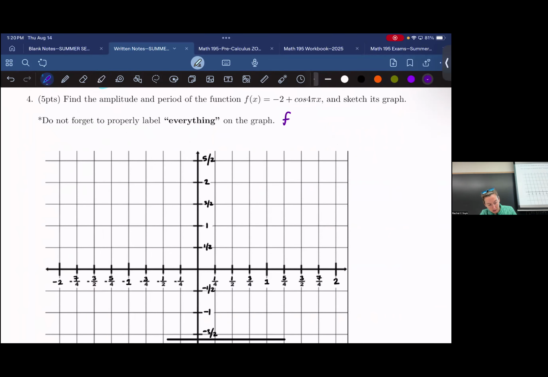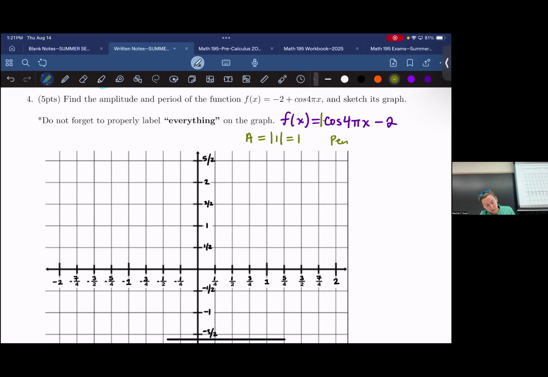So our function here is f of x is equal to, and I like to put that vertical shift last, just like we see it in our general equation of trigonometric functions and their transformations. And so now let's calculate our amplitude. Our amplitude is just that absolute value of the leading coefficient, which is 1 in this case. So A is equal to absolute value of 1, which is 1.